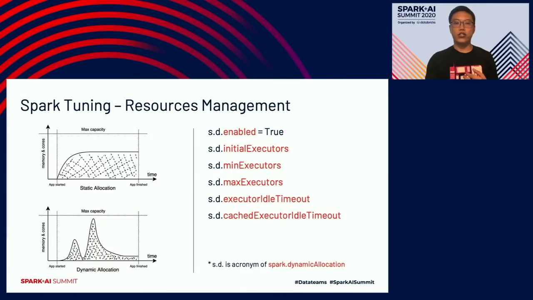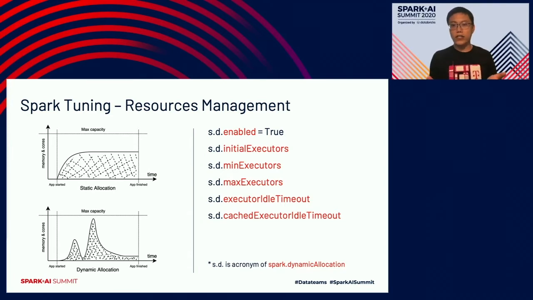When you start your Spark application, it uses static allocation by default. That means you have to tell the resource manager exactly how many executors you want to work with. The problem is you usually don't know how many executors you actually need before you run your job. Isn't that obvious?